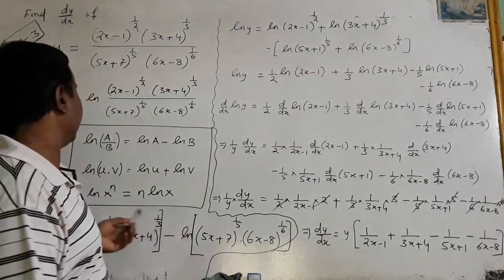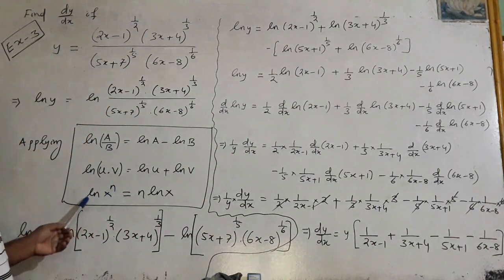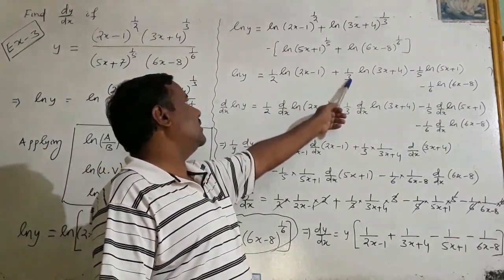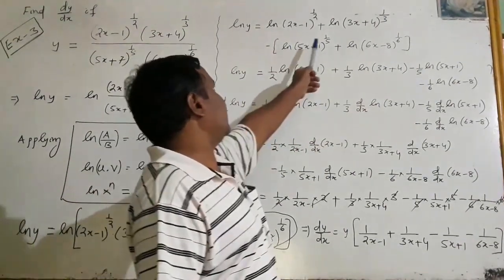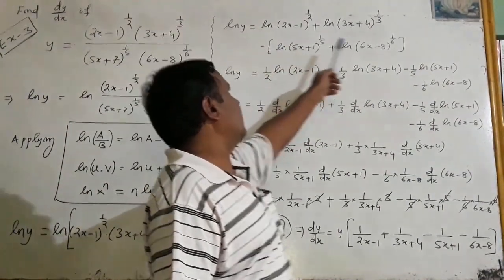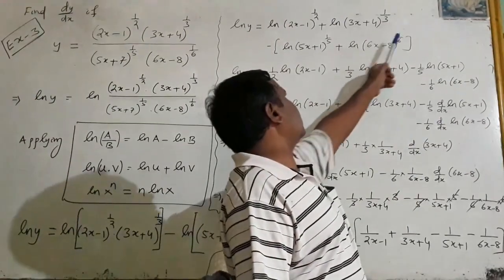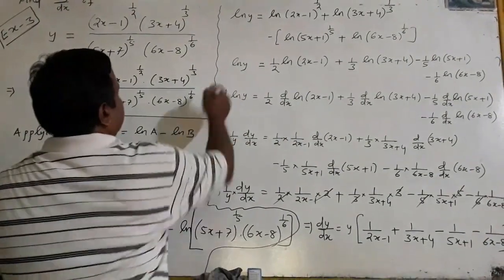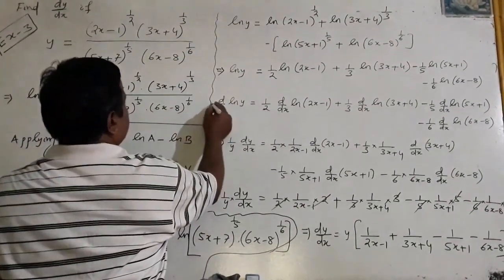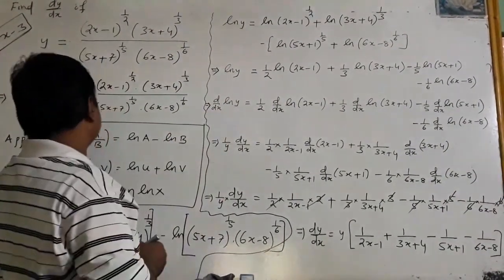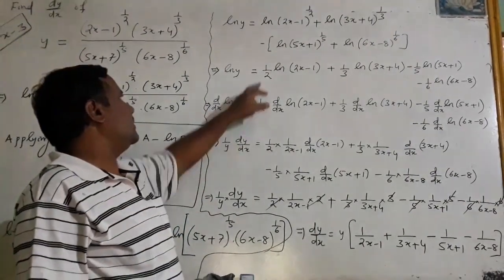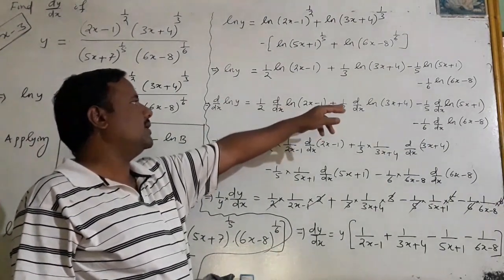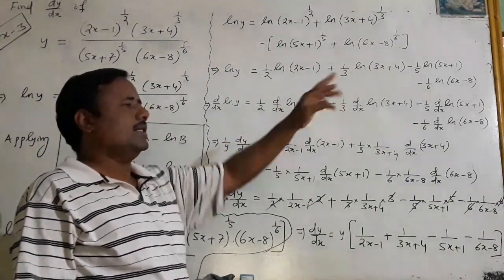Then applying the power formula, the power n should come to the front: half ln (2x minus 1). Similarly, you multiply by minus and take 1 by 5 to the front, and similarly multiply by minus and take 1 by 6, and you get this line. Now when you differentiate both sides with respect to x, d/dx of ln y, it is half d/dx of ln of this much, similarly 1 by 3 d/dx of ln (3x plus 4), like that.